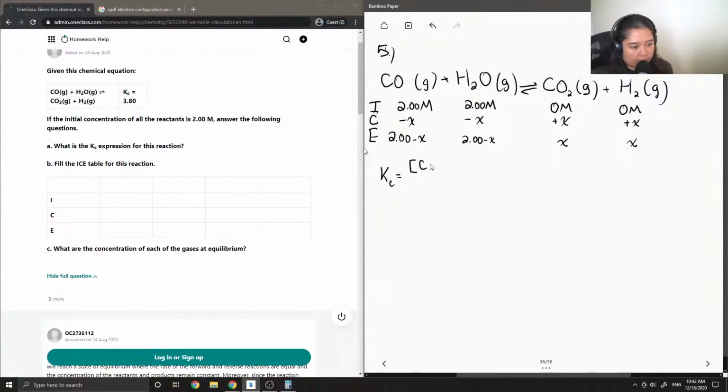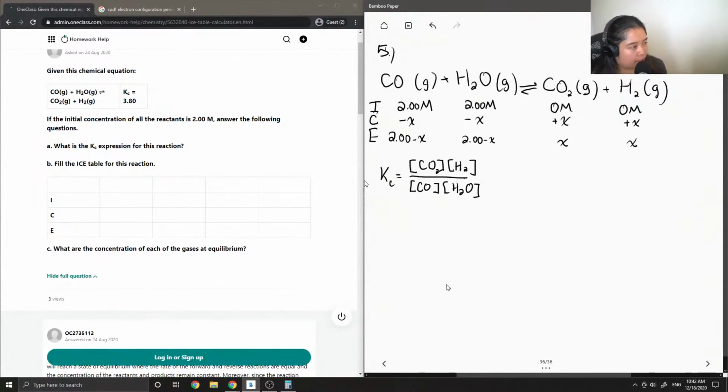This is found by multiplying the concentrations of our products, so our products are CO2 and H2, divided by the concentration of our reactants, which is carbon monoxide and water.